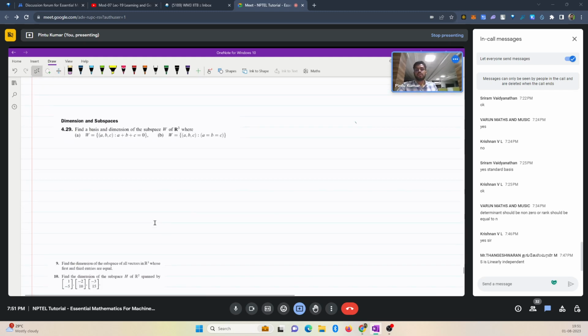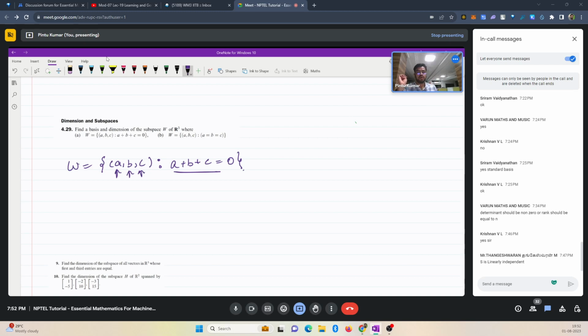We have this first example where W is (A, B, C) such that A plus B plus C is equal to 0. This set has 3 elements that you have to decide upon: A, B and C. There are 3 things that you need to fill in, and you have some condition associated with it.